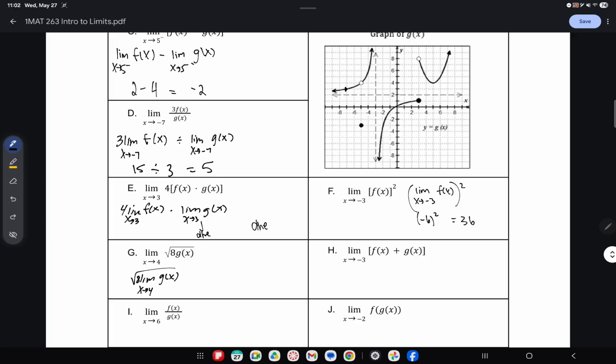Am I reading that correctly? It looks like 5. So we'd have the square root of 8 times 5, which is the square root of 40. And let's just go ahead and simplify that. I could break that into 4 times 10, so 2 root 10.